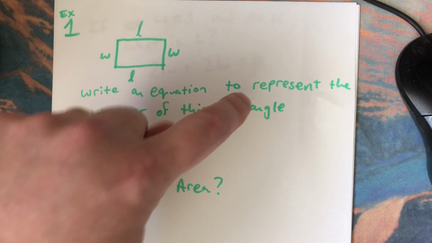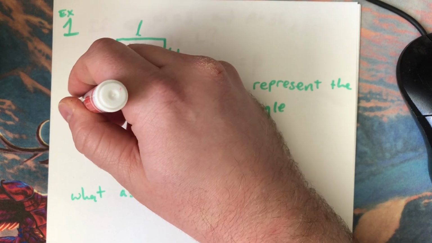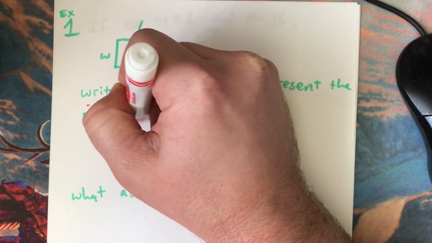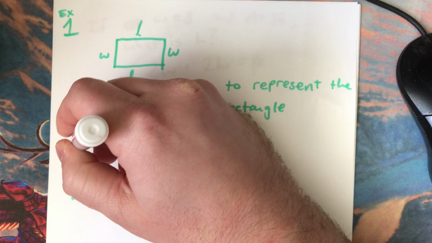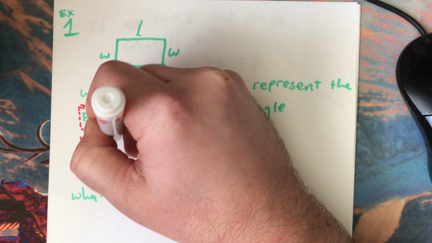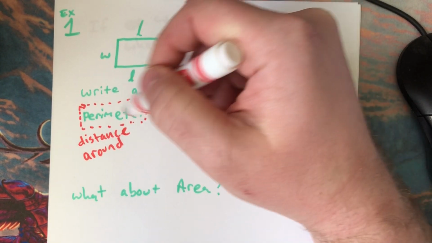So perimeter. Well, what does the word perimeter mean? The word perimeter means the distance around something. If you didn't know that, I'd write that down.